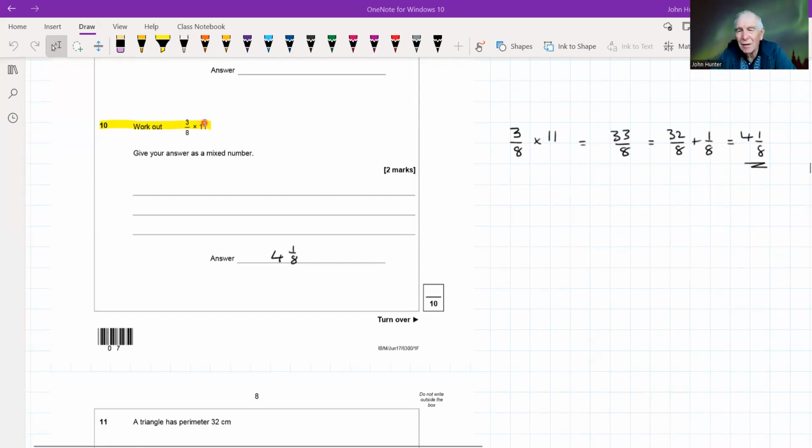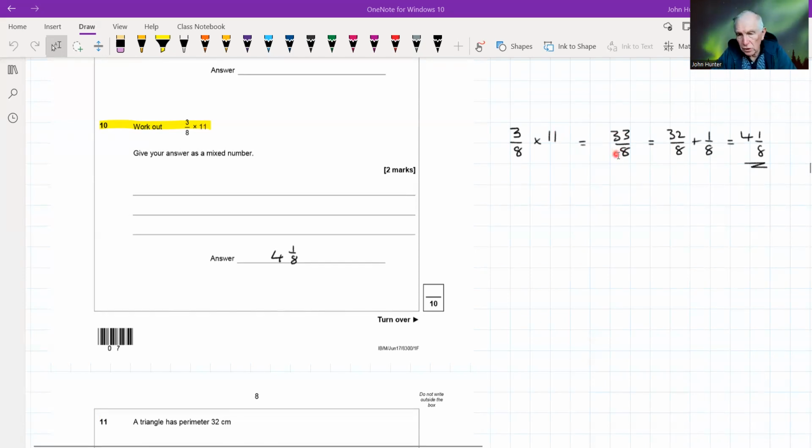Whole numbers are on the numerator line. When you're doing any such calculation, we're multiplying out a fraction. So with 3/8 times 11, we multiply across, and as I say, the 11 is upstairs. So 3 times 11 is 33, and 8 times effectively 1 at the bottom is 8.